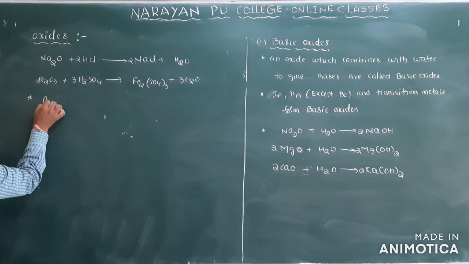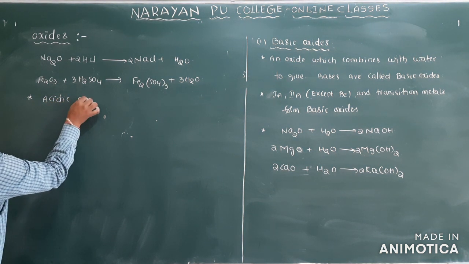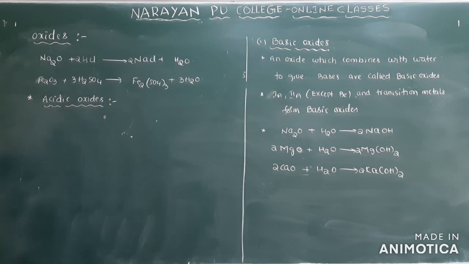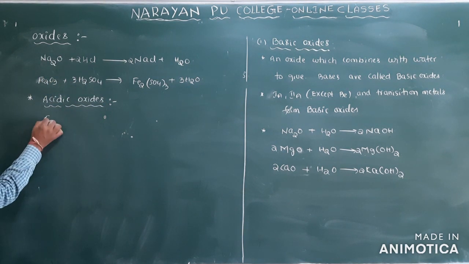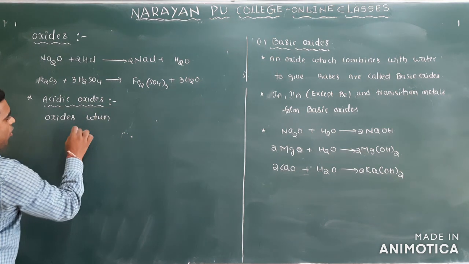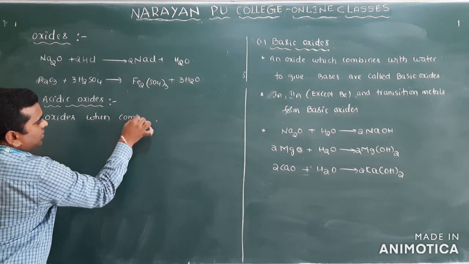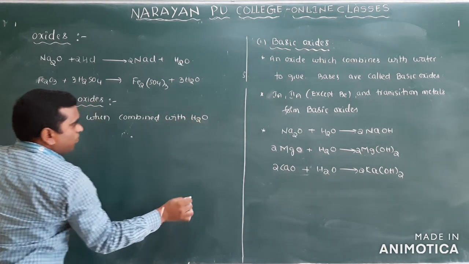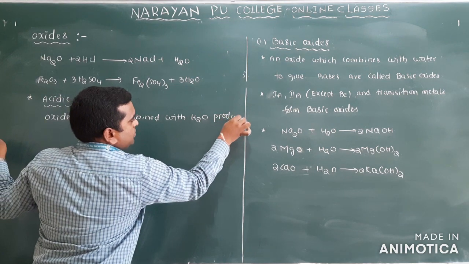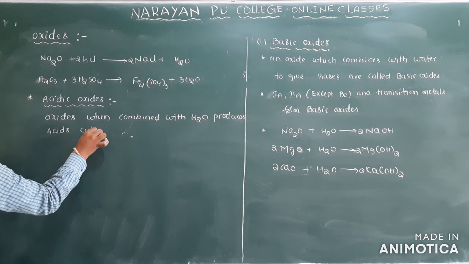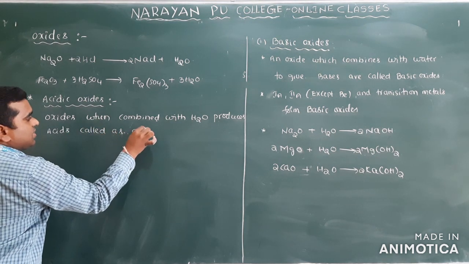And next one, put the heading, acidic oxides. Clear? So what are acidic oxides? Oxides which when combined with water produce acids are called acidic oxides.